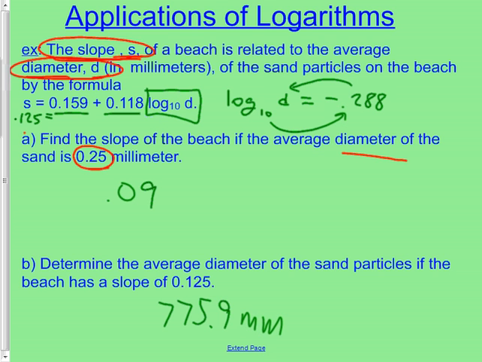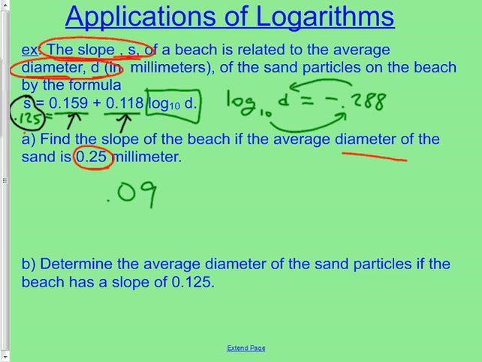Okay. So I'll say what we were supposed to do again. What we're supposed to do is put in 0.125 right here and then solve. So you should have subtracted 0.159, then divided by 0.118.